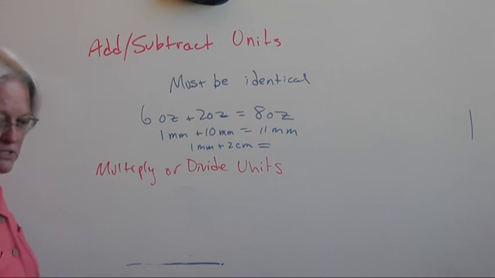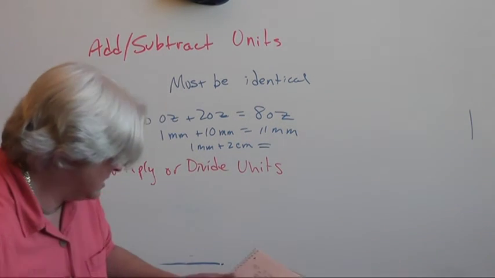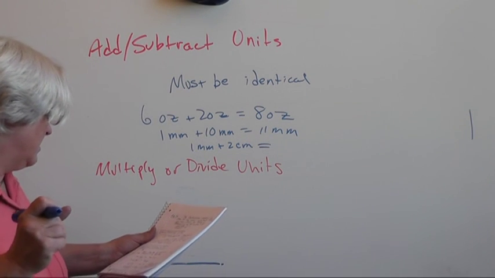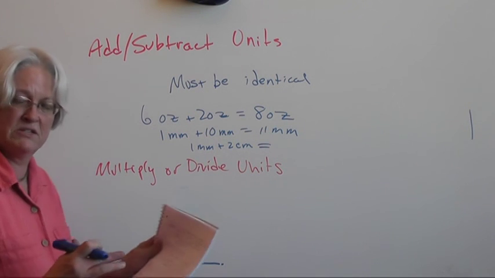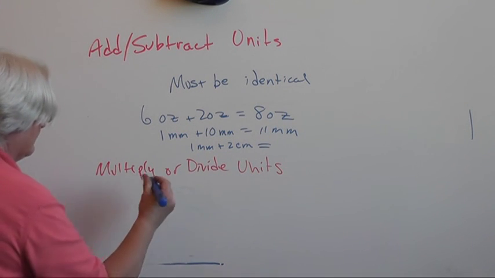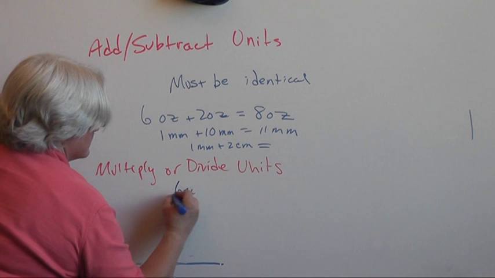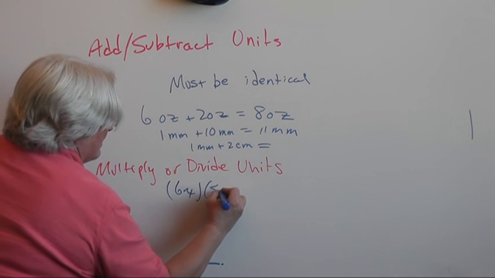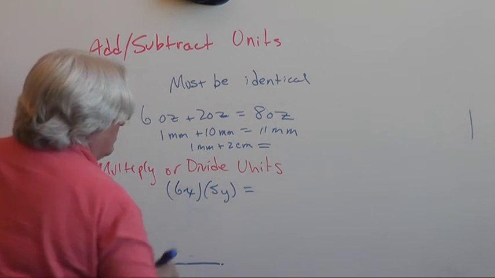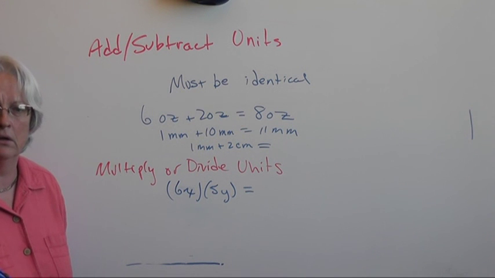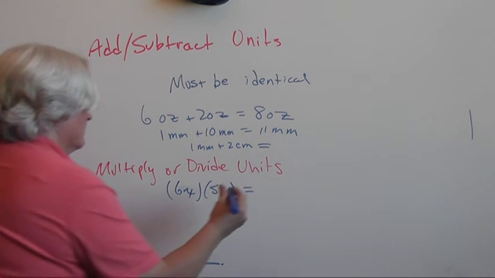So what that means is you're going to work with these just exactly with units. If you had 6x times 5y, what would that answer be? 30xy.